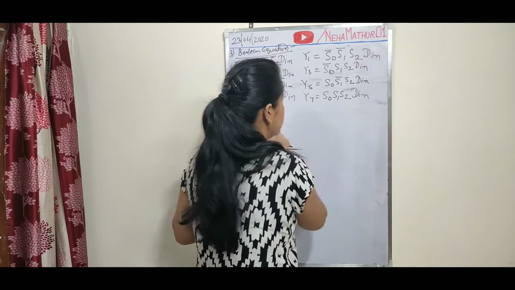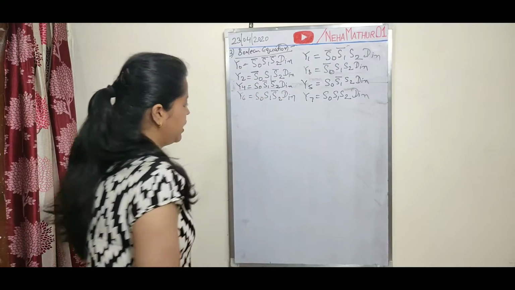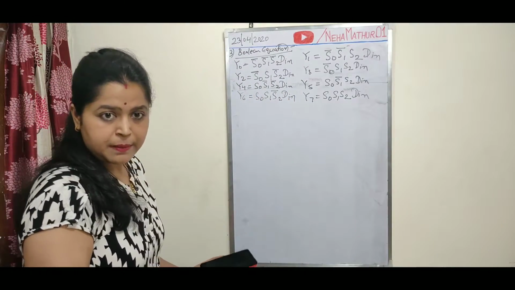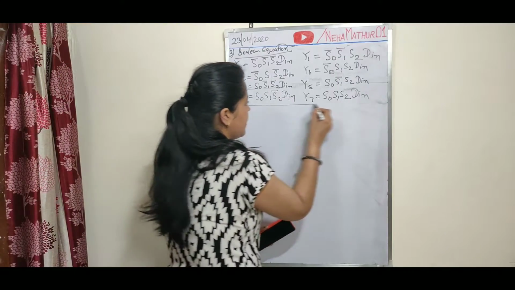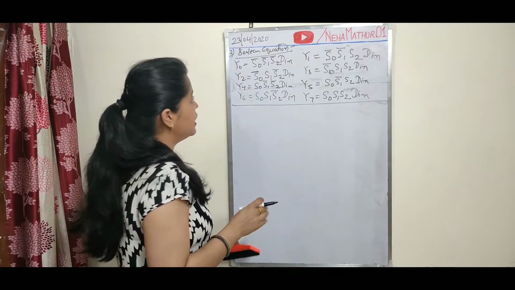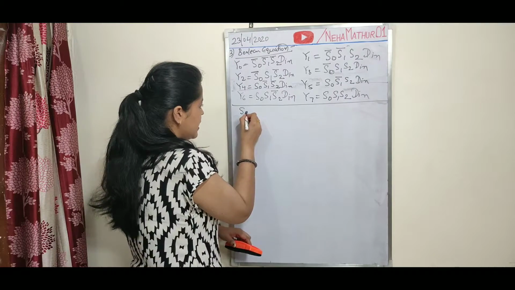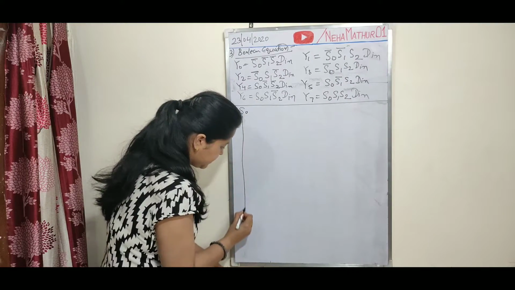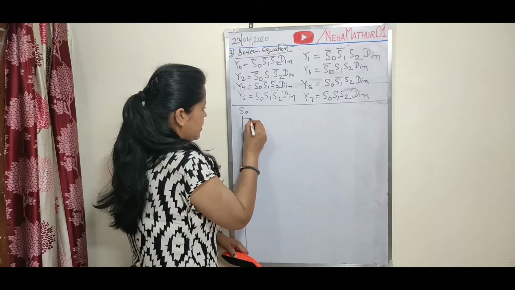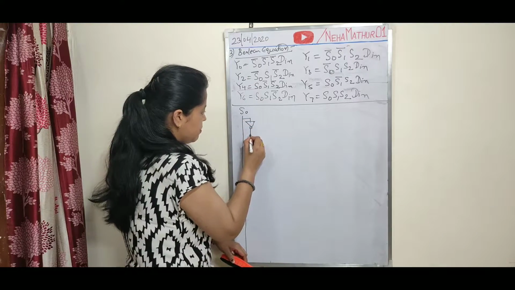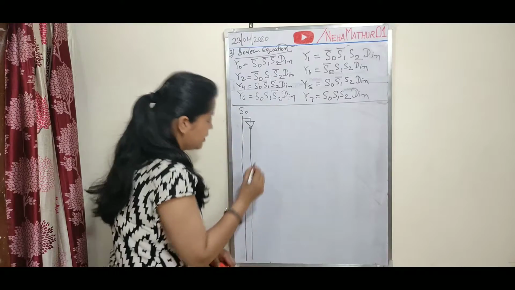Now you can easily draw your logic diagram for the 1:8 demultiplexer. So here you have 3 select inputs. So I am taking S0, one inverter because of S0 bar.